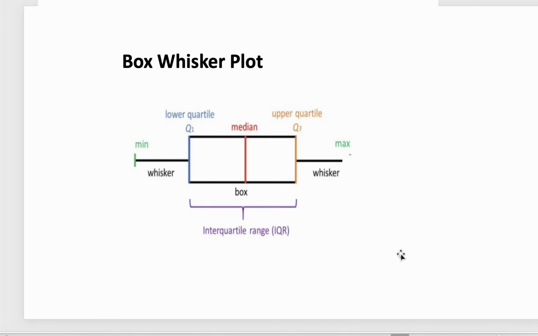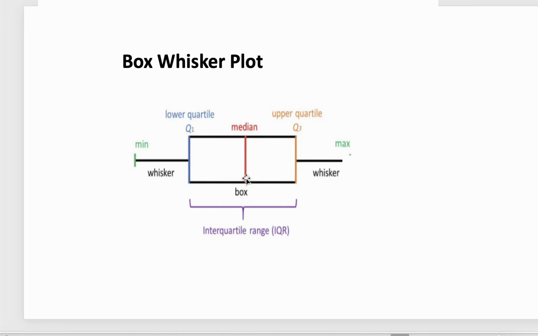Okay, so here's the official picture of a box whisker plot. So we have one way of displaying the numerical data. Here's the other one that might not be that common. Here we have our box. Here we have the quartiles forming the hinges, the lower hinge, the upper hinge, and the median forms the middle hinge.